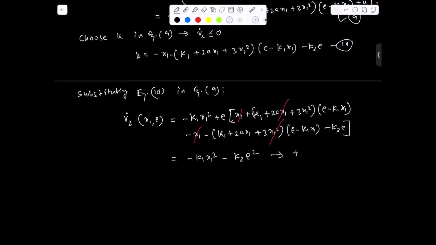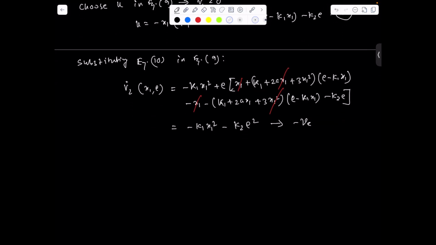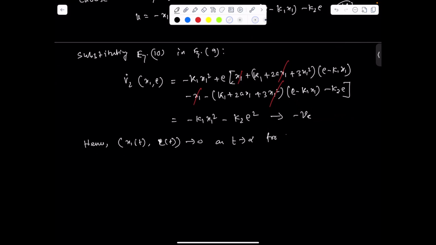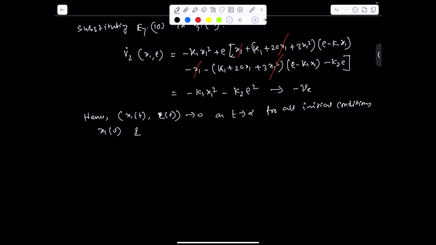Yes, we have found our result. So this is basically negative definite. And for this condition, we can write, hence, x1(t) and e(t) go to 0 as t tends to infinity for all initial conditions x1(0) and e(0), right?